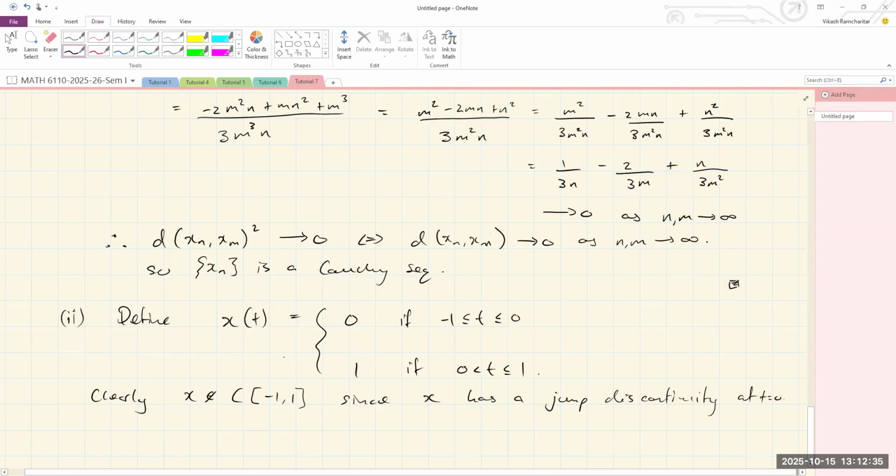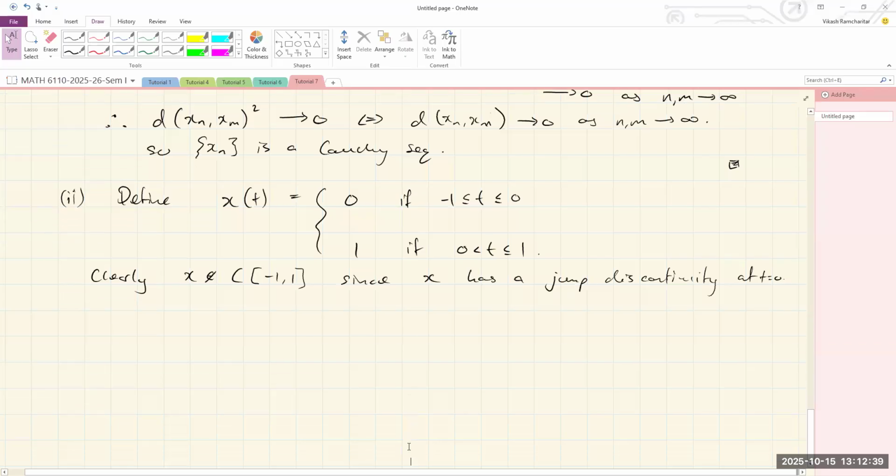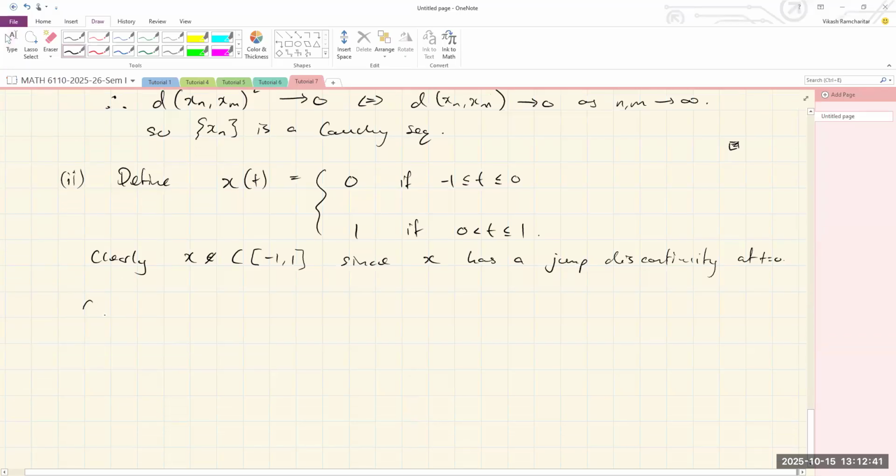So it's not there. But my claim is that this Cauchy sequence xn converges to this function x as n goes to infinity.